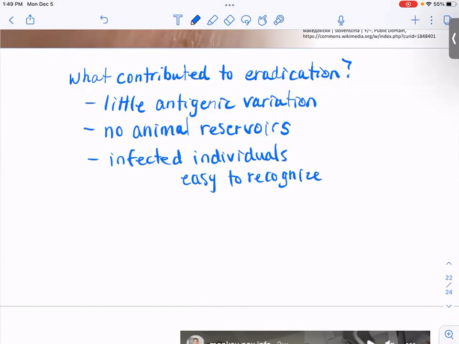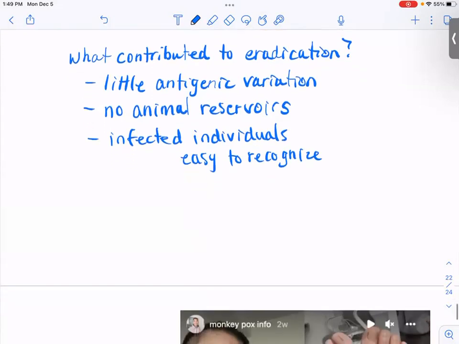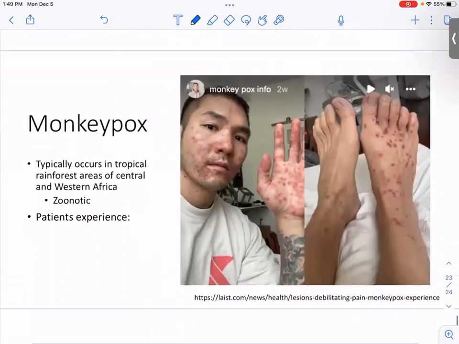So how does that pertain to monkeypox? And by the way, as of November 28th, the WHO came out with a recommendation to change the name from monkeypox. It will now be known as Mpox. Why did they do that?